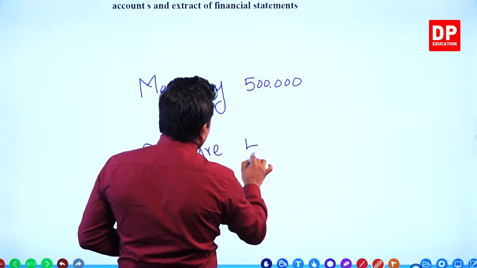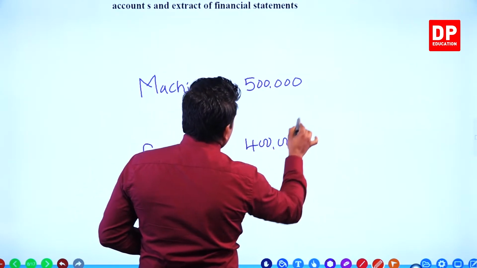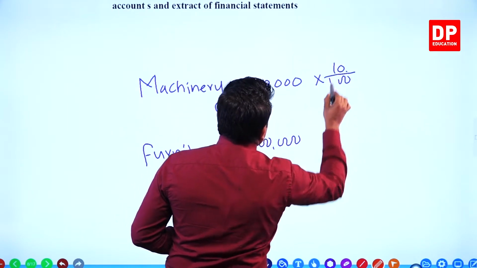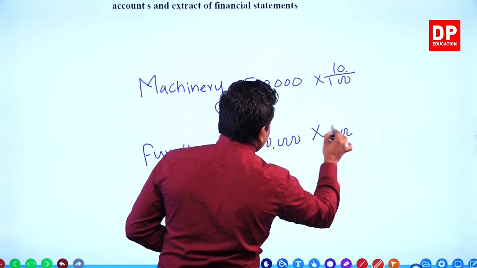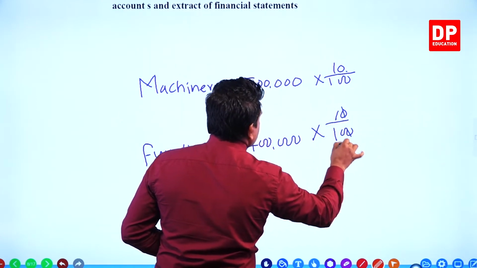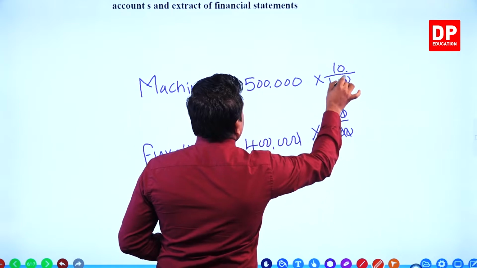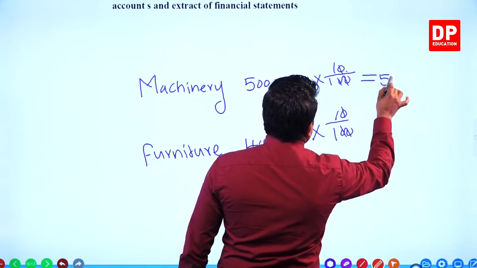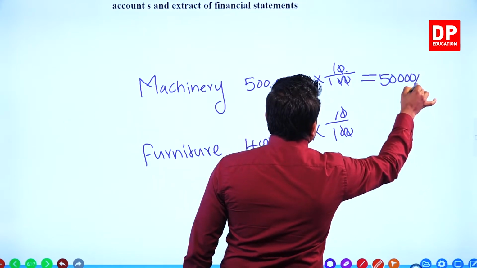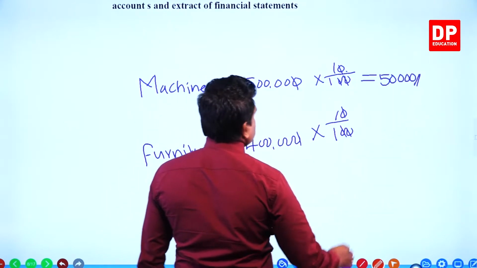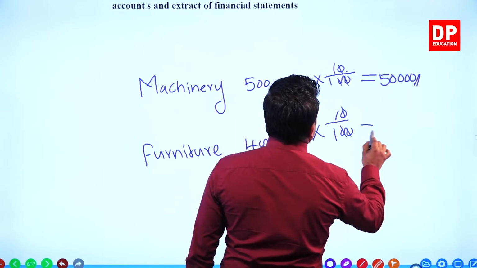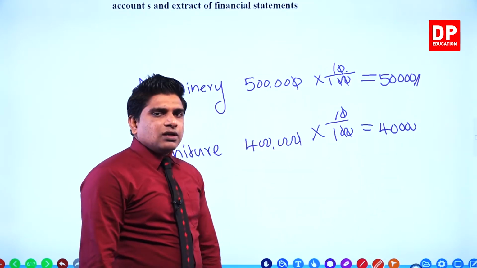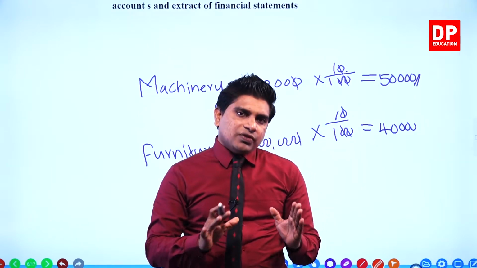Furniture cost 400,000. How much the percentage? Same, both use the same percentage, 10%. Machinery depreciation 50,000. Furniture depreciation 40,000. That's all, we calculated the depreciation amount for the year.